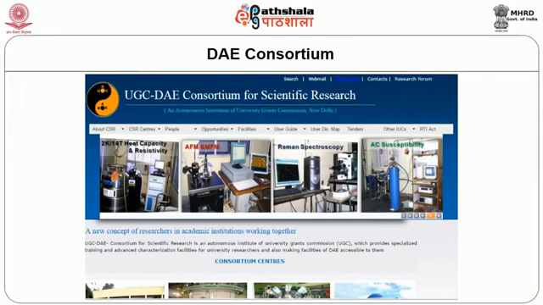It is funded by the Department of Atomic Energy, Government of India. The consortium subscribes to 2,000 electronic journals from 4 publishers including Science Direct, Springer Link, MathSciNet, etc.